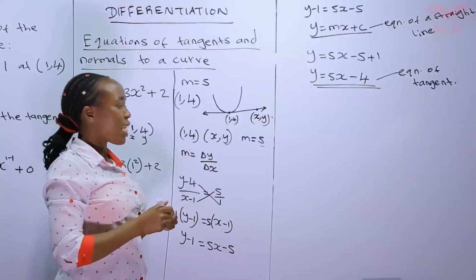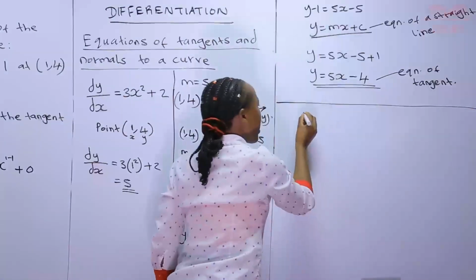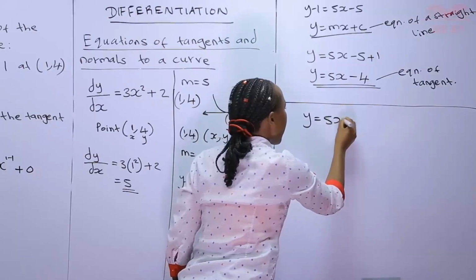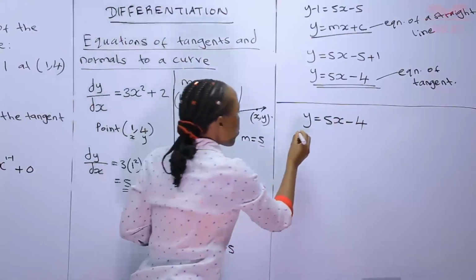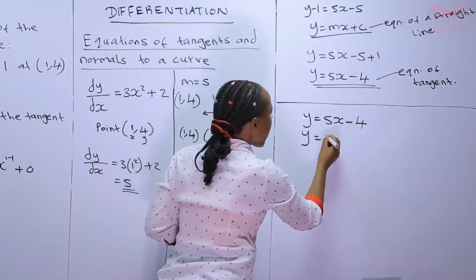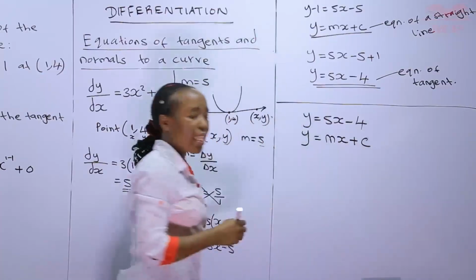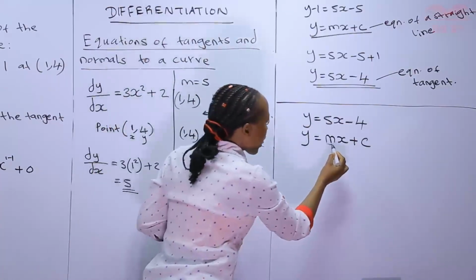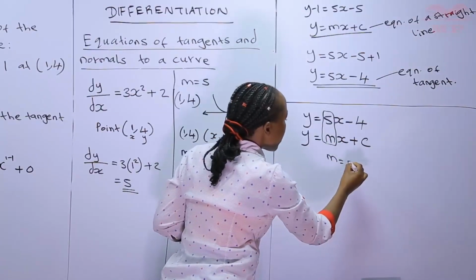We can see clearly from this equation that this is an equation of a straight line. We know the general form of an equation of a straight line is y is equal to mx plus c, meaning that this is our gradient, and we can see clearly that our gradient is 5.